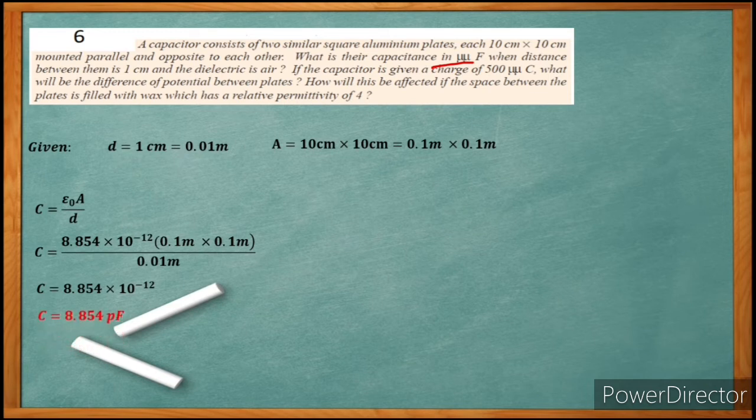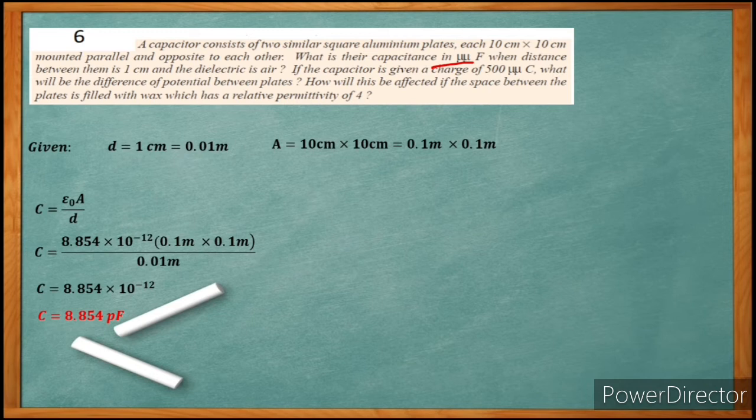And for the next unknown, if the capacitor is given a charge of 500 picocoulomb, what will be the difference of potential between plates? What we are looking for in this problem is the voltage difference between the two plates.